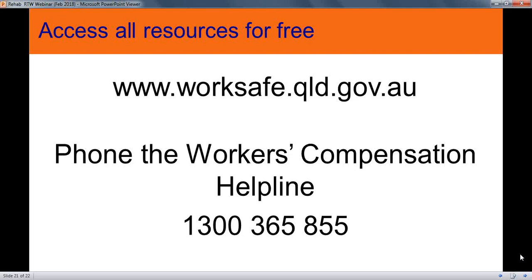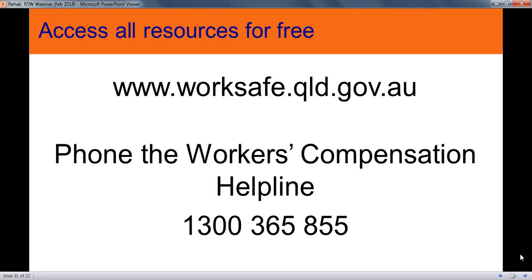So the claim will continue as if they're working with you, but they're actually with a host employer, which could be in a different industry. It could be with anyone. They could be down at Lifeline Bookstore down the road.